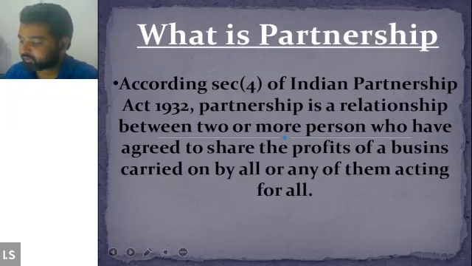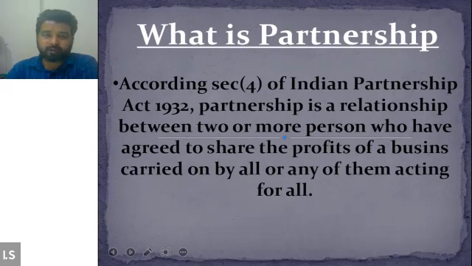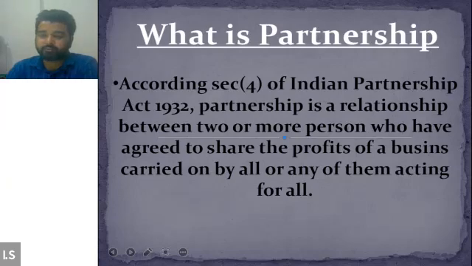Now, one more interesting thing about the partnership is that the Partnership Act 1932 says that the business for which partners are joining together, and regarding which they are agreeing to work together, can be carried on by only one person also. It can also be carried on by all of them collectively, but even if one person agrees to operate the entire business on behalf of the others, then also it can be considered a partnership.